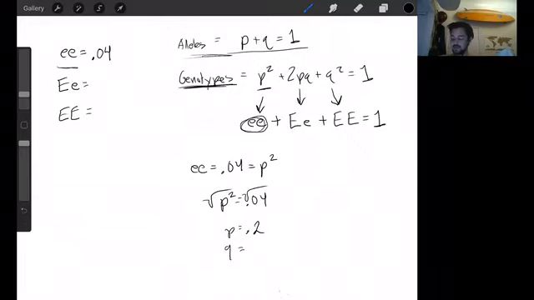So now you don't have to use the genotype equation. Now you can use that value, p equals 0.2, and you can just plug that straight into the allele frequency equation, because you just went from genotype frequency. Now you know the allele value for E, 0.2. So if you plug that into the allele equation, what do you get?